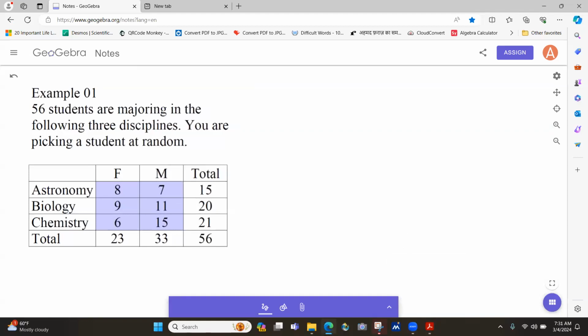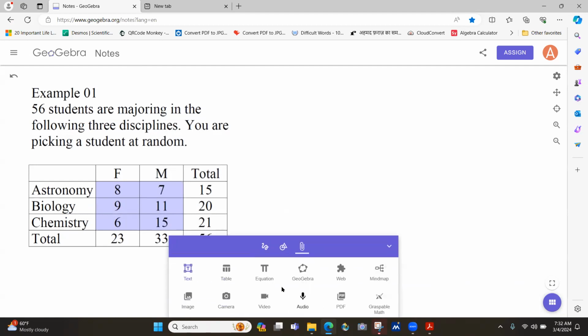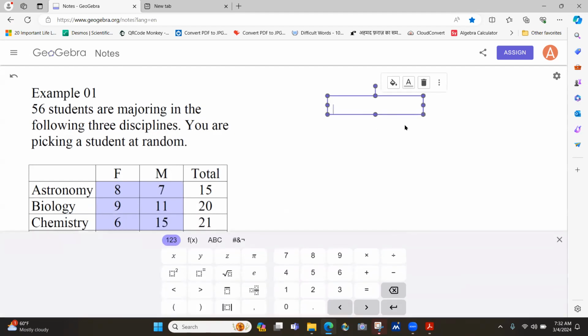If I give you this scenario and do a regular problem, you have 56 students. What's the probability of getting a female astronomy major? Well, that's easy. Probability of getting a female and astronomy.